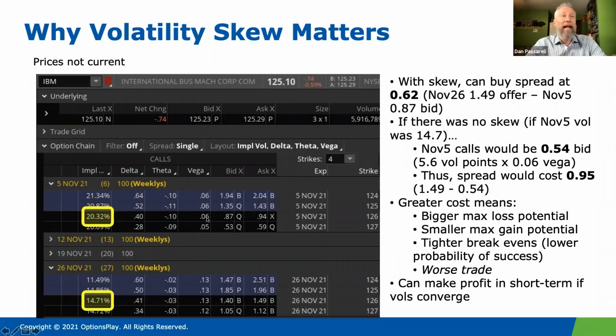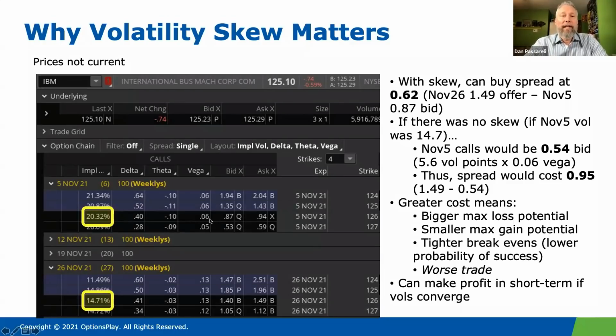The Vega is 6 cents. So all we do is take 5.6 volatility points times 6 cents and subtract that out of this bid here.